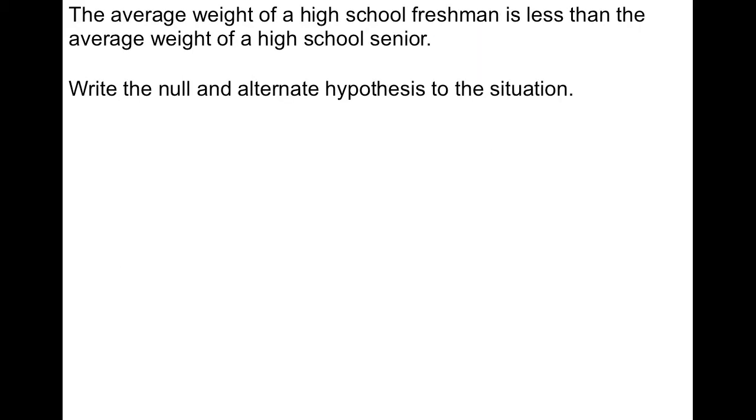And one last example. The average weight of a high school freshman is less than the average weight of a high school senior. So this time, we're actually testing two different averages and comparing two different averages. There's no value here. We're comparing high school freshmen and high school seniors. So when I write this out, there won't be a value. We actually don't have two mu symbols. I just want to see the average of freshmen is equal to the average of seniors.